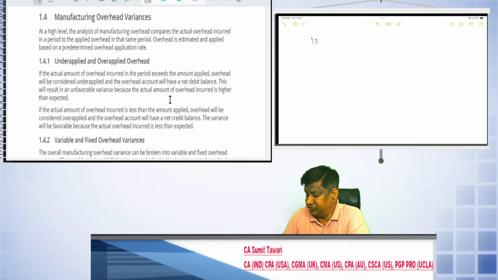So if I produce the 100 quantity, I need to absorb 1000 US dollar. This is clear. This is basically the recovery rate, or what we are charging, and this is the quantity produced.